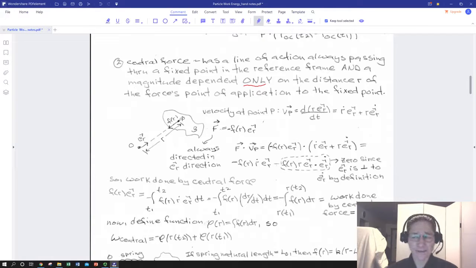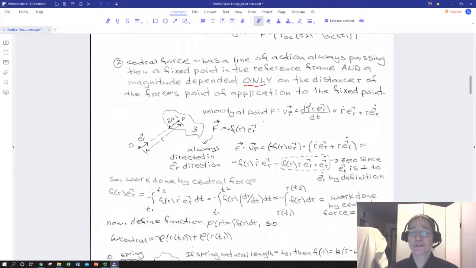So if we take that information on board and we look at writing an expression for velocity of our point of interest, our P here, the velocity of P, if we look at it in terms of a polar coordinate system, the position of P would be r in the r hat direction.